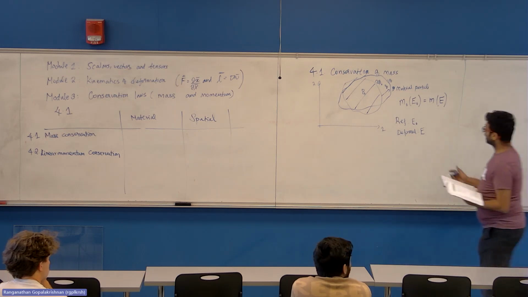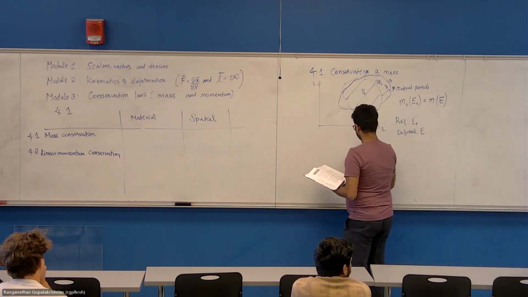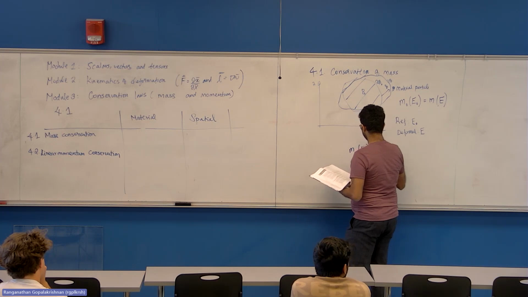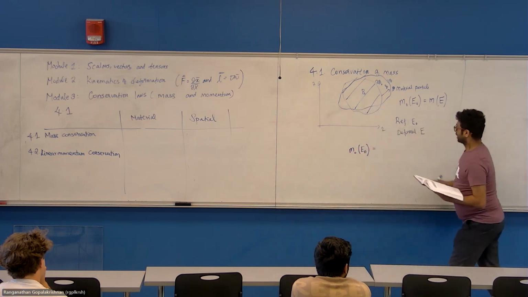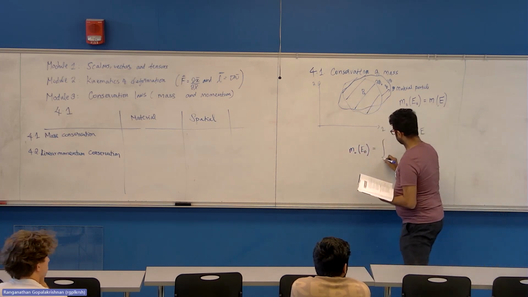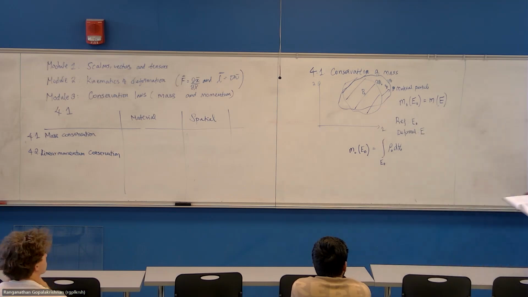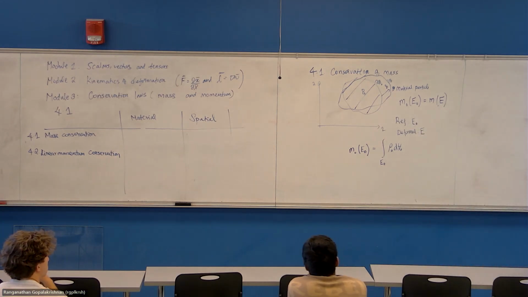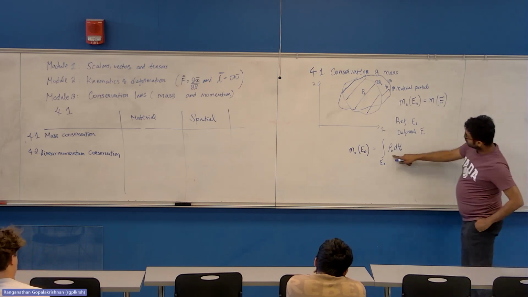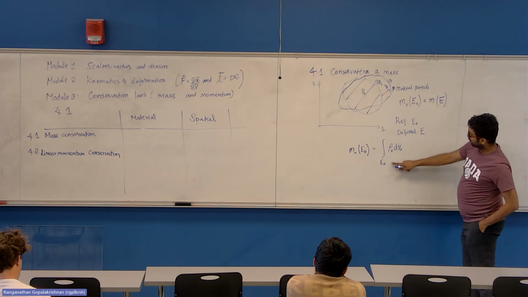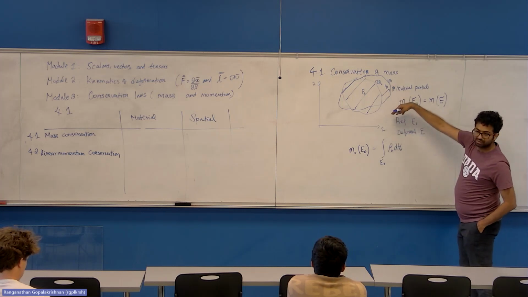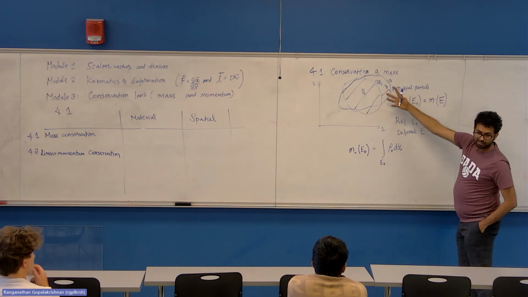So if I take M naught at the reference configuration B naught, I can write this as the integral over B naught of rho naught dV naught. This is like writing density multiplied by volume, integrated over the shape of the material particle.